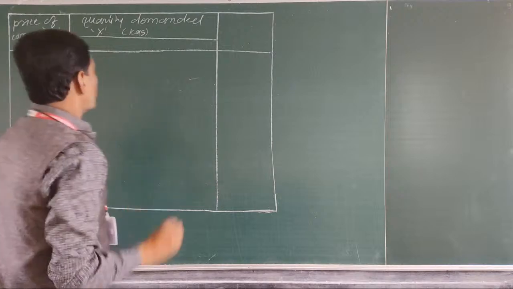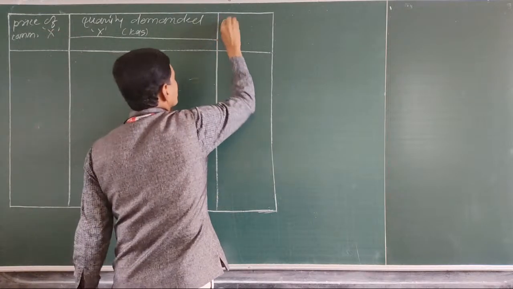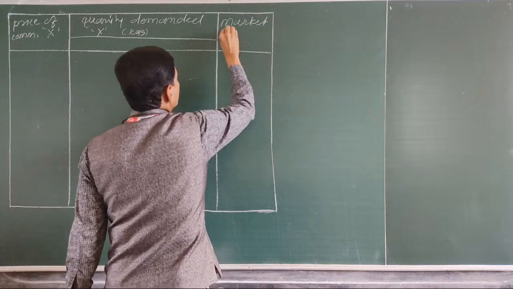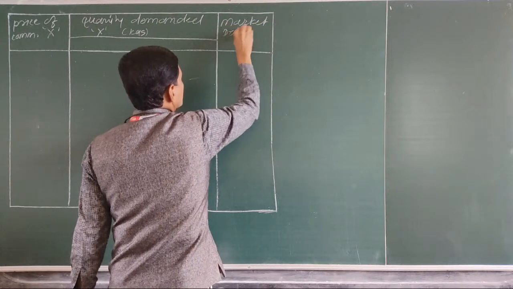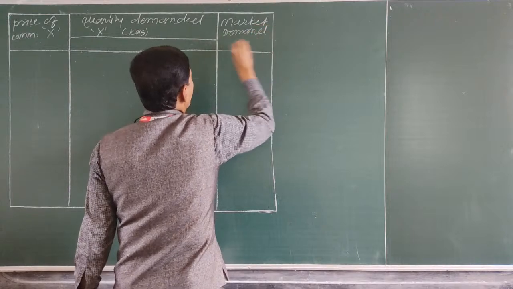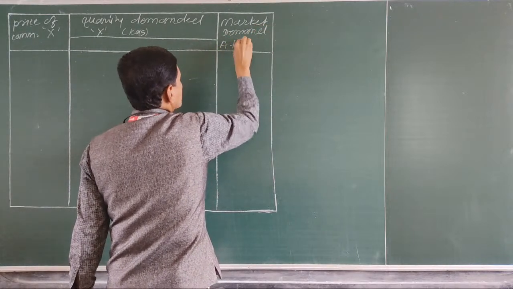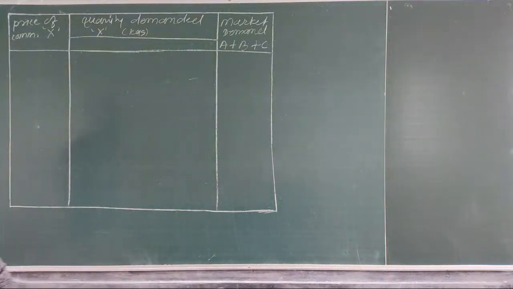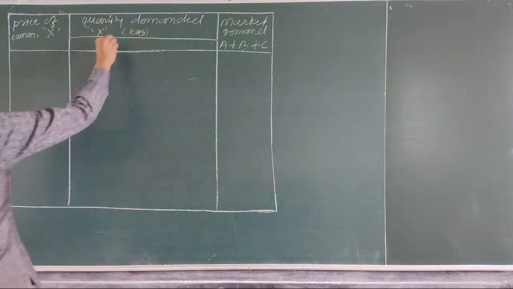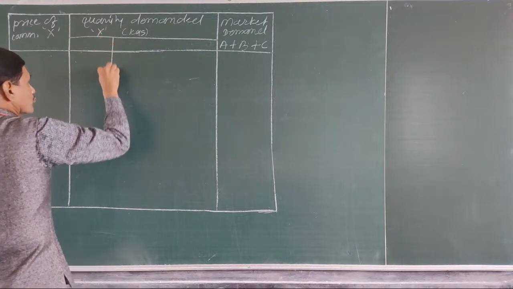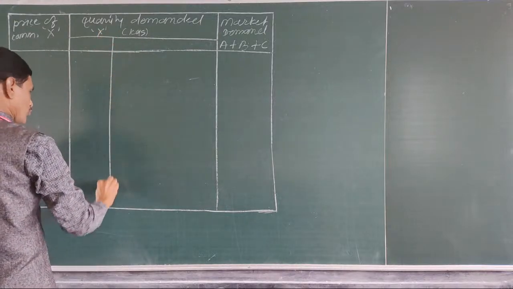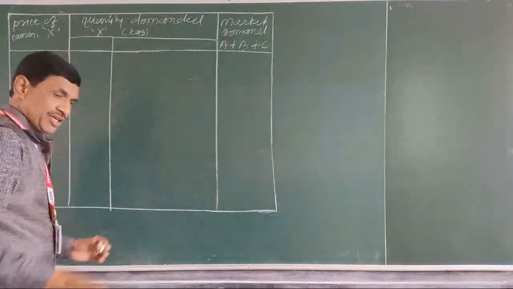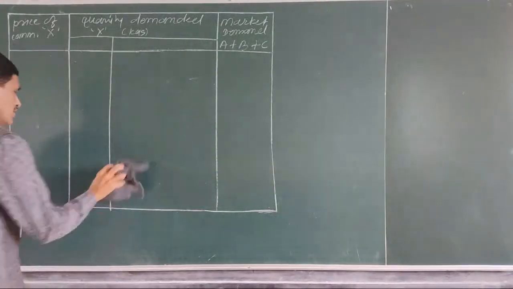And last column is market demand, A plus B plus C, third column.